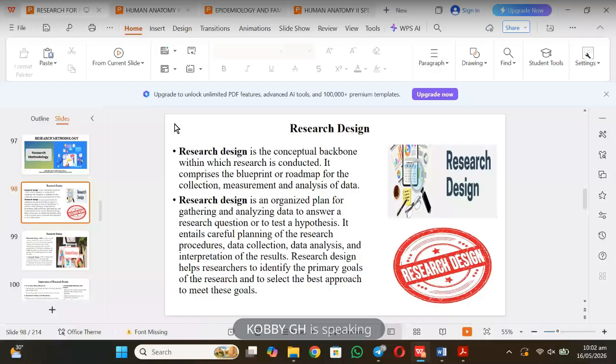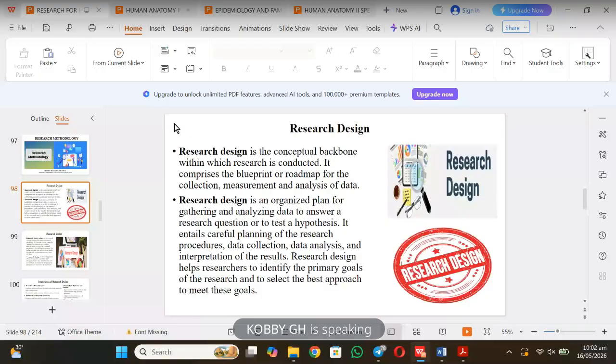They are data collection approaches. There are three. We have the quantitative approach, that is one. The second one is qualitative approach. And the last one is mixed method approach.